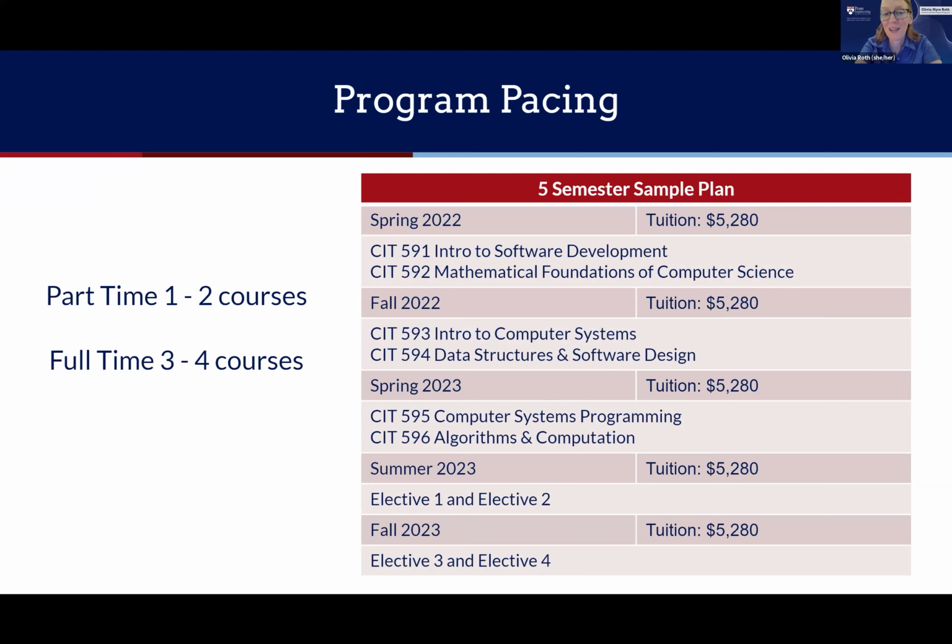In my mind, this is actually a pretty fast way of completing the degree. There are no breaks in it, and 2 courses in addition to working full-time is quite a lot of work. So this is possible, but this is only one variation of what a person could do.